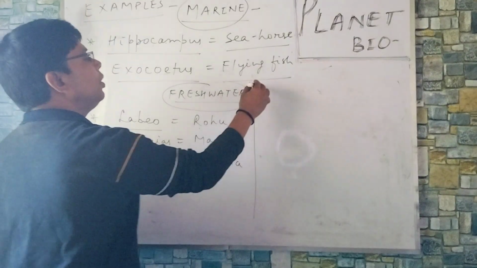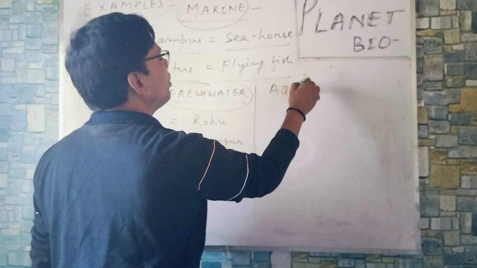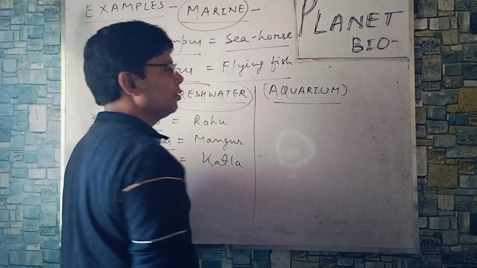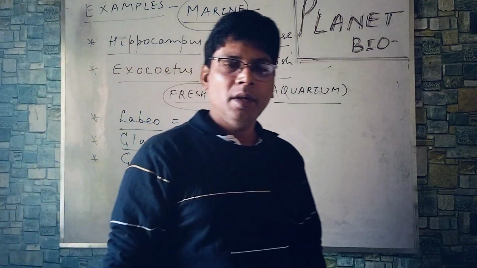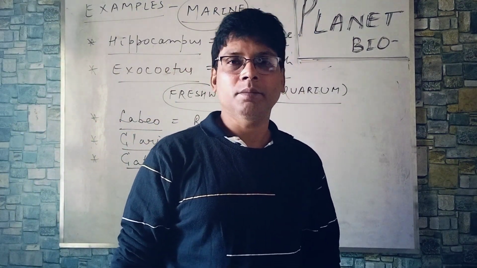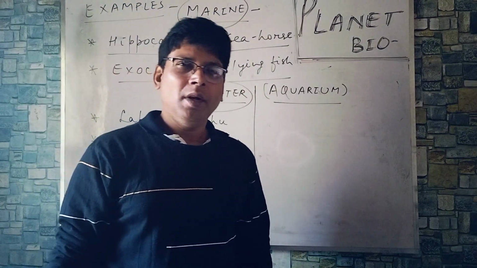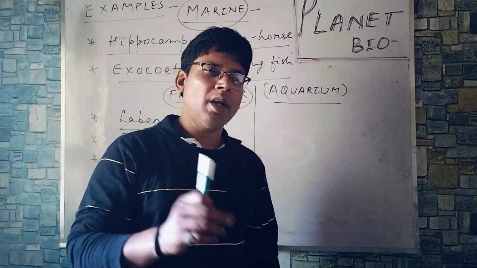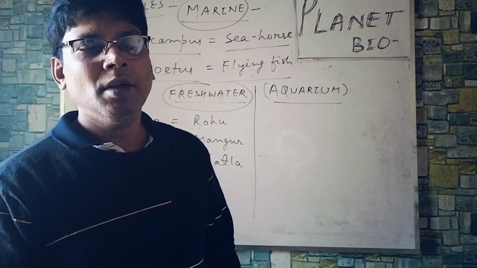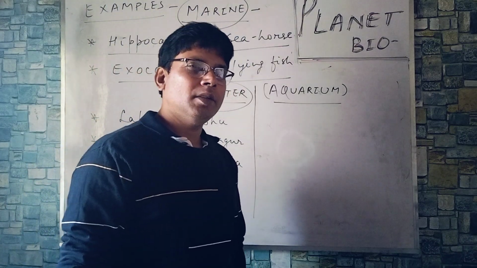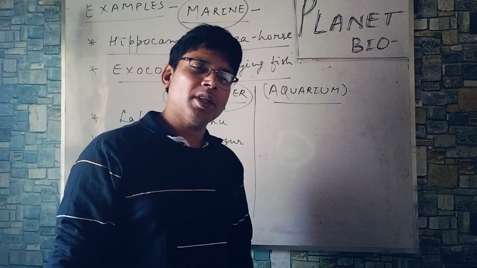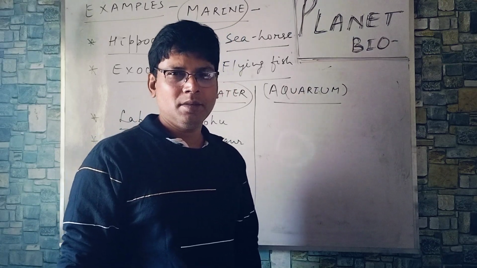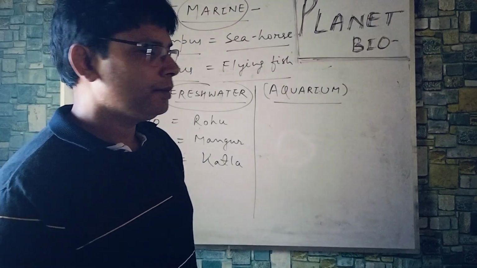Now we have a specific group of bony fishes, aquarium bony fishes. What do you mean by aquarium? Aquarium is a man-made ecosystem designed to provide the natural habitat for the fishes, where they find all the possible conditions for their existence, and they perform all the life activities, reproduction as well.